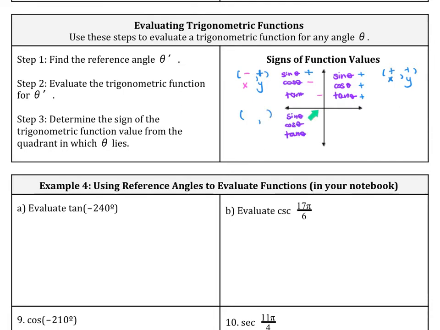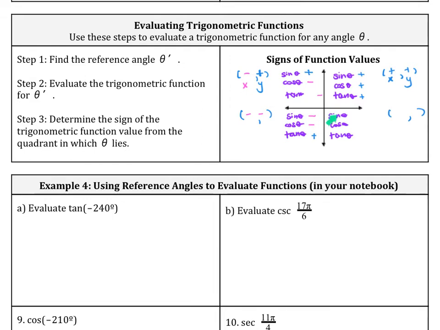So tangent is negative. Let's look at quadrant 3. In this case, our x value is negative and our y value is also negative. Therefore, sine of theta is negative. Cosine of theta, our x value, is also negative. Then tangent is sine over cosine, y over x, so therefore this is positive. Now let's look at quadrant 4.